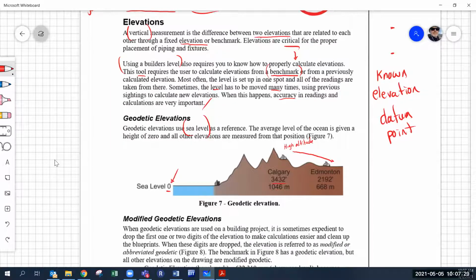What is the difference between elevation between Calgary and Edmonton? 378 meters. Sure, or about 1,200 feet. So you're actually going downhill as you drive north. Does anybody know what the elevation of Fort McMurray is?